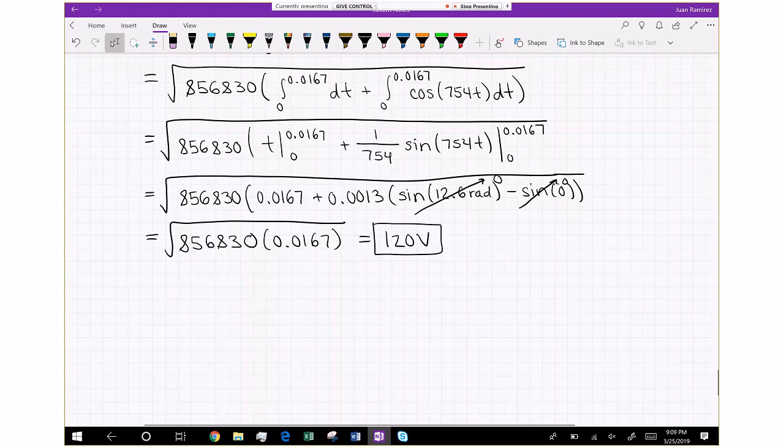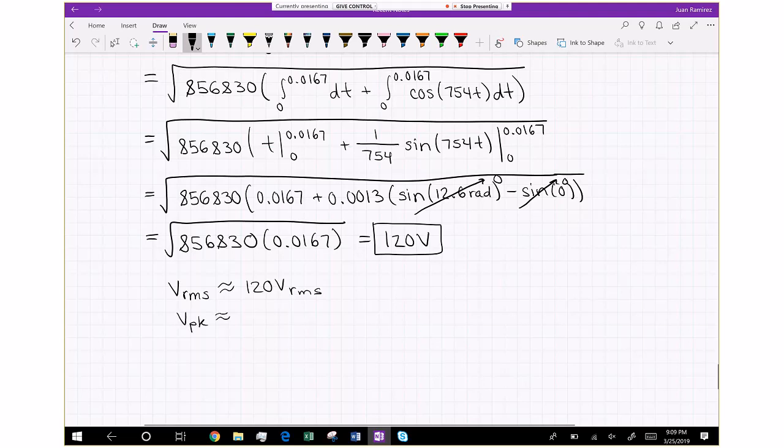If you take a power systems class, you'll learn all about 3-phase. So what I was going to summarize is that the RMS value of voltage is 120 volts in the US.